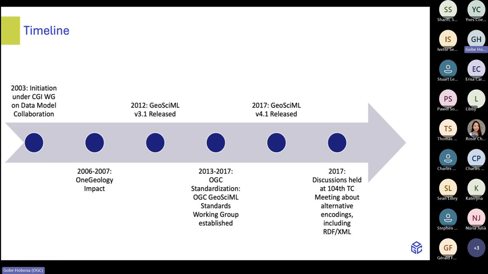So this is the timeline from when it was initiated back in 2003 and right through to more recent days. In 2003, CGI started work on the specification or thereabouts. And then the big jump, I suppose I can refer to it as the big jump, was when the One Geology initiative took place.